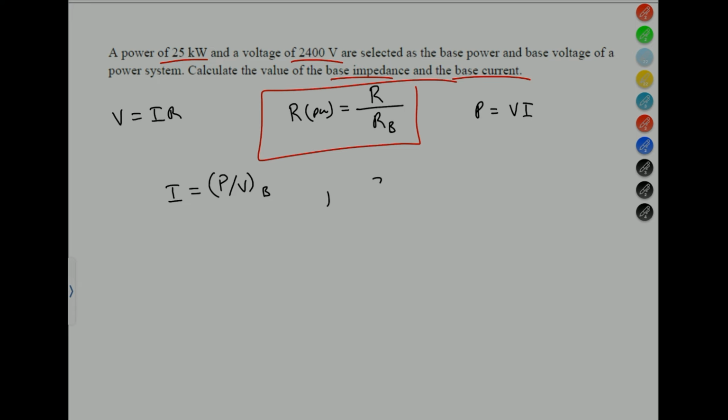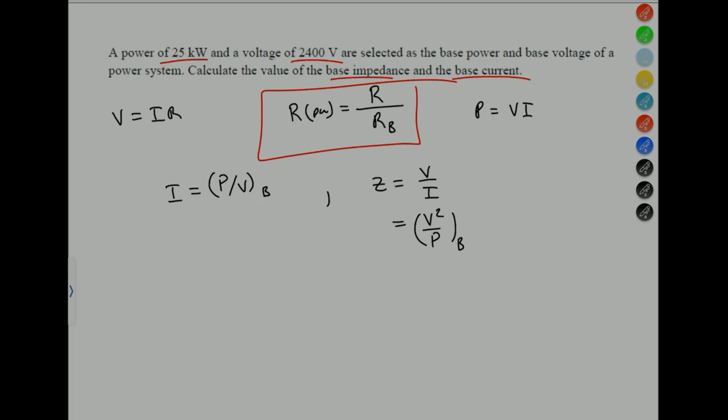To get our impedance, we know that Z is equal to V divided by I. When we input our I, we get V squared divided by P, and that is in base.